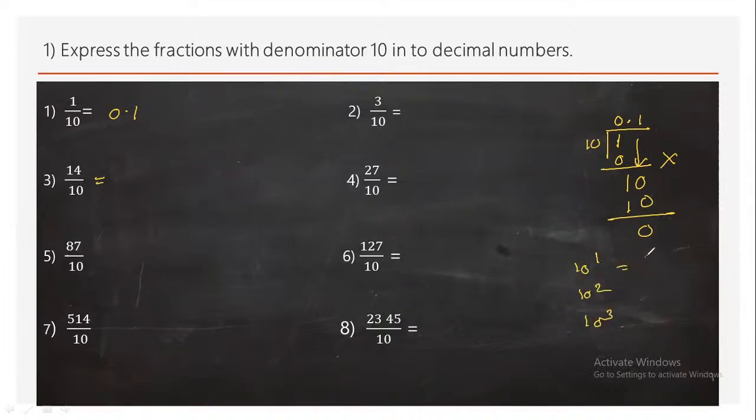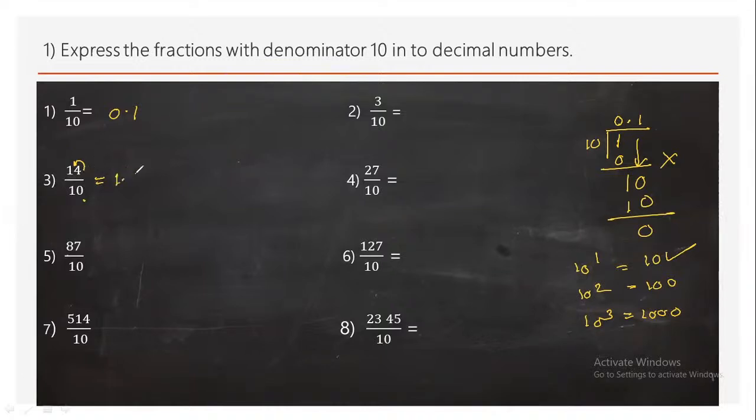Now we are talking about 10 to the power 1. This denominator contains one 0. While we are dividing, the decimal point moves one place towards the left-hand side. It means one decimal place back, so the value of the numerator decreases.